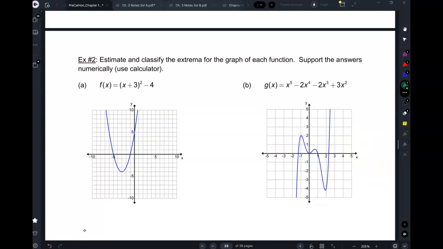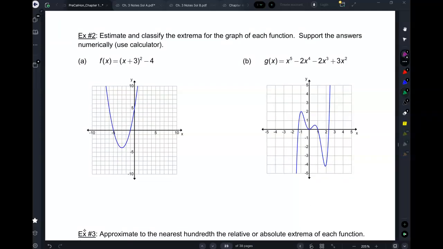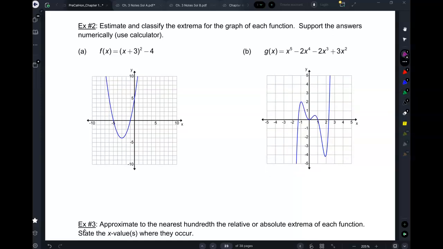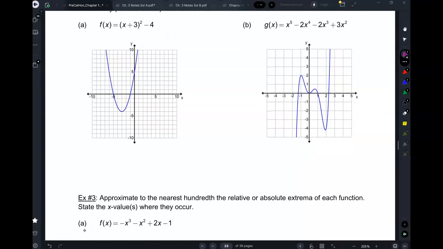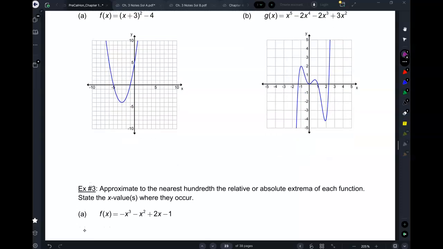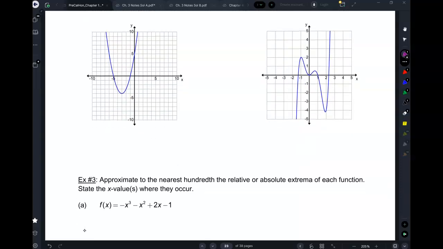Okay. So take a look. This one we can just do by looking at it, right? There is an absolute minimum where? f of -3 equals -4.